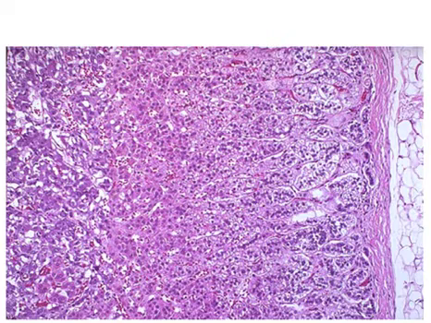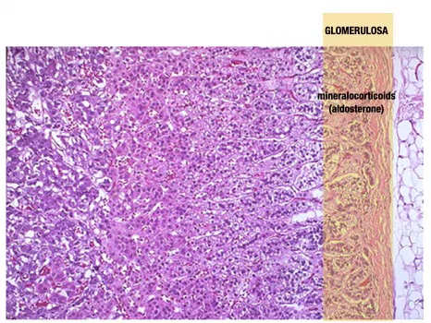Now, the adrenal cortex is further divided into three zones, and these three zones also produce steroid hormones. So these are your zona glomerulosa, which primarily secretes your mineralocorticoids, particularly your aldosterone.